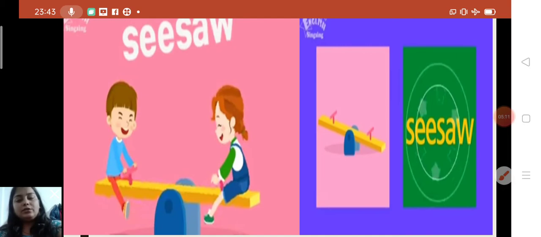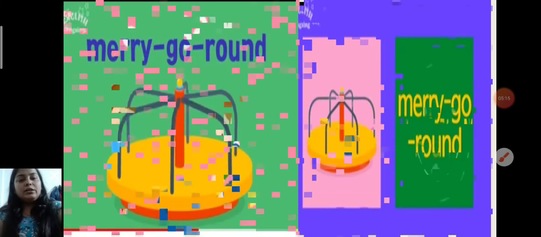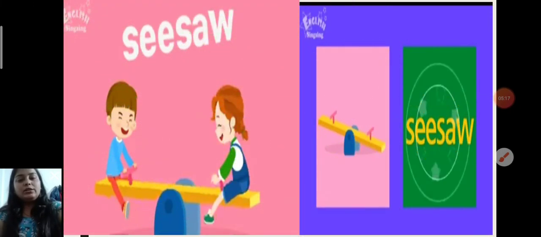Sometimes one child moves up and the second child moves down. So it is a long plank on a fixed support, and they go up and down.